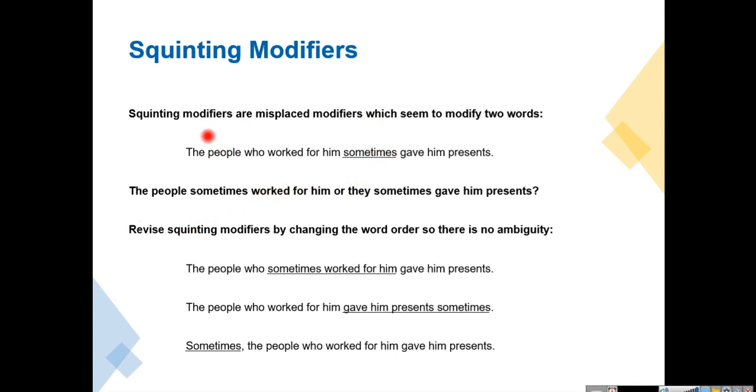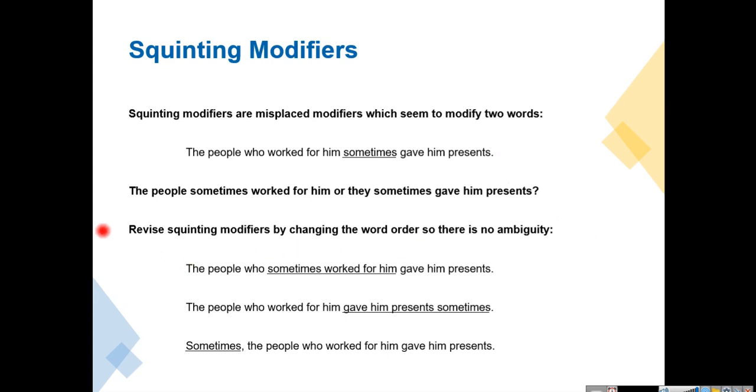So in this sentence we have a lot of ambiguity, because "sometimes" is modifying either the people who work for him or the people who gave him presents. So it says the people sometimes work for him or they sometimes gave him presents. Which one of the two are you trying to say? We're probably trying to say one of the two, so we need to make that clear.